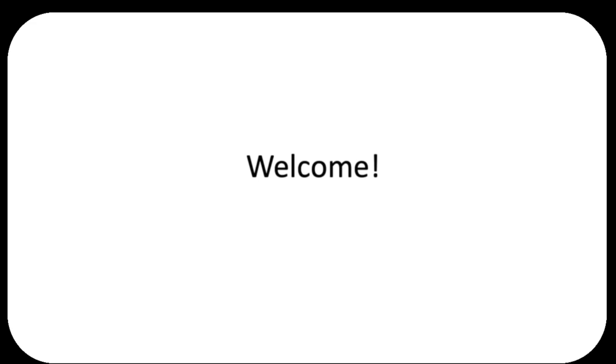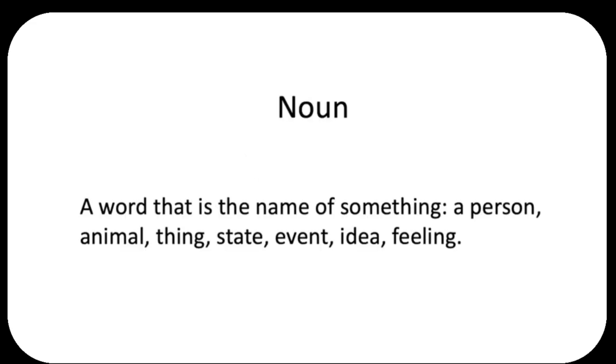Our first lesson today is about nouns. In English grammar, a noun is a word that is the name of something. A person, an animal, a thing, a state, an event, an idea, or a feeling.